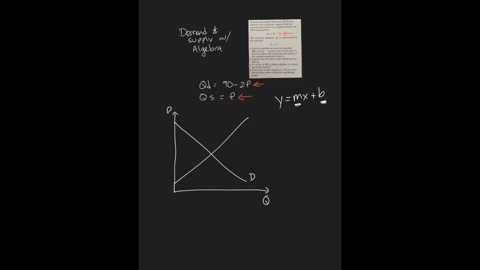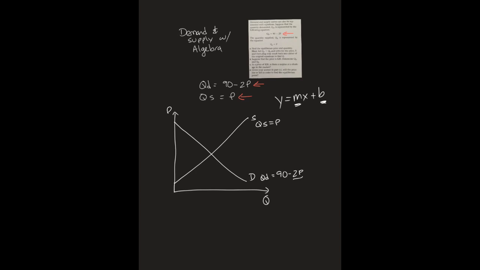So this is just our simple linear equation, or the equation for a line. The equation for the supply curve is equal to P, and the equation for the demand curve is 90 minus 2P. You can see it's negative, rise over run. And in this case, we didn't graph it correctly, but the line for the demand curve would be steeper than the line for the supply curve.